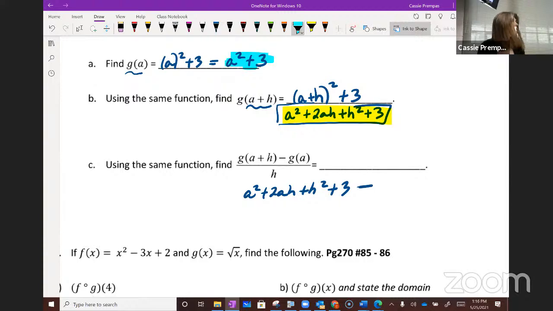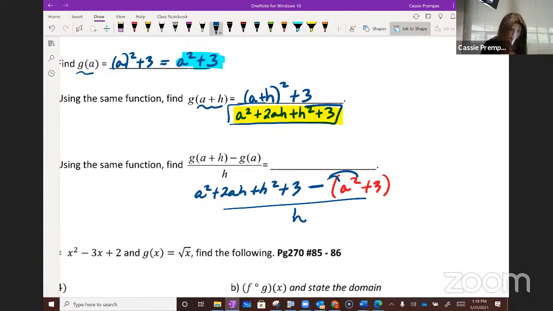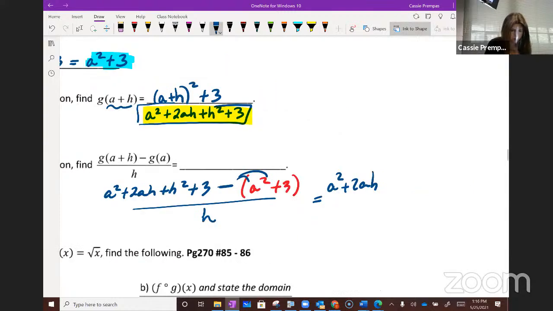Does it even matter? It does matter. It matters because if I forget, I might also forget that there's a distributive property that needs to be used here. And this is all being divided by h. So now I simplify. I'll distribute that negative, and that becomes a squared plus 2ah plus h squared plus 3 minus a squared minus 3 all over h.